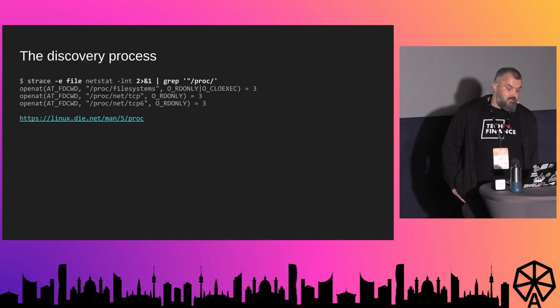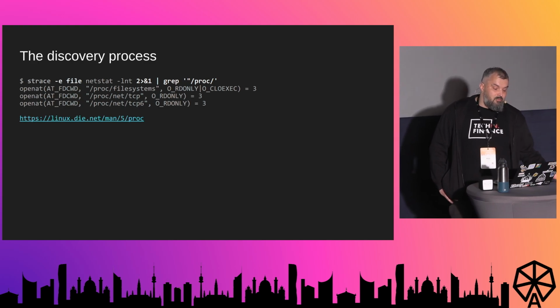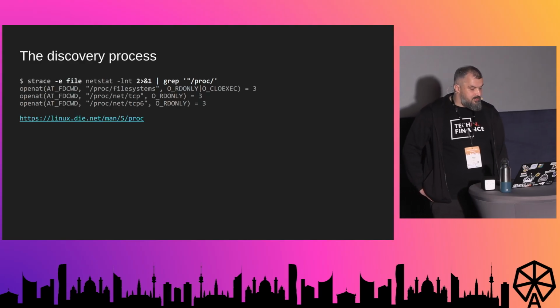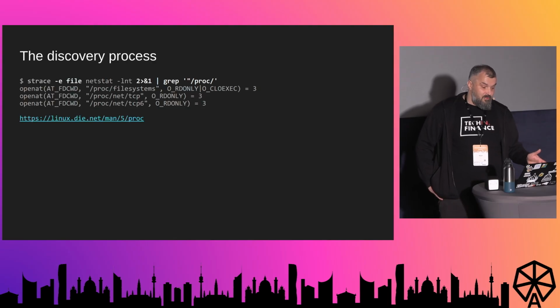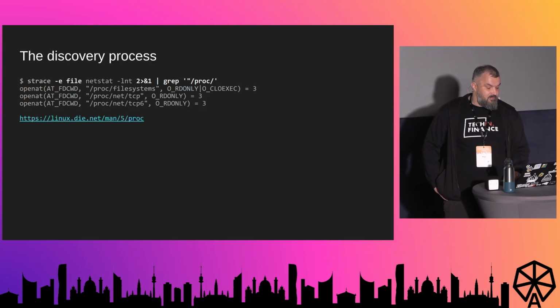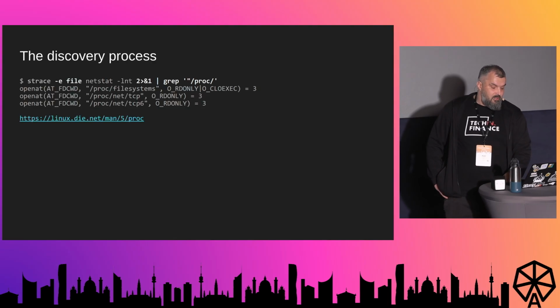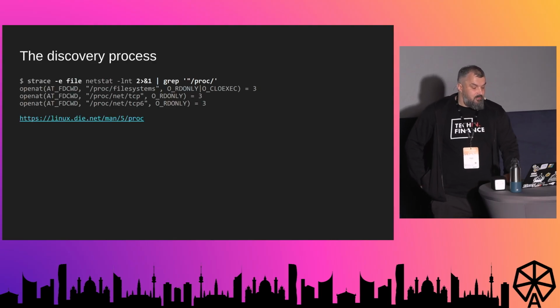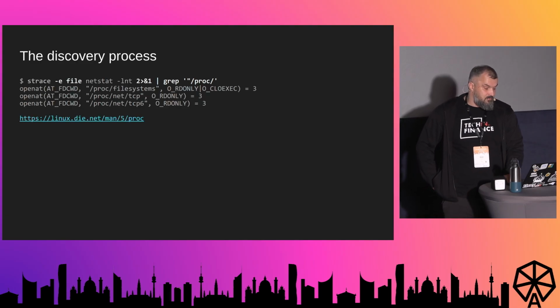So in this case, netstat. And then I look for a file name that starts with proc, and it turns out that it reads a lot of files from the proc file system, and then some net TCP files and so on. And then once I know which files it uses, I can go to the man pages and read more details about the files themselves. So that's the discovery process.